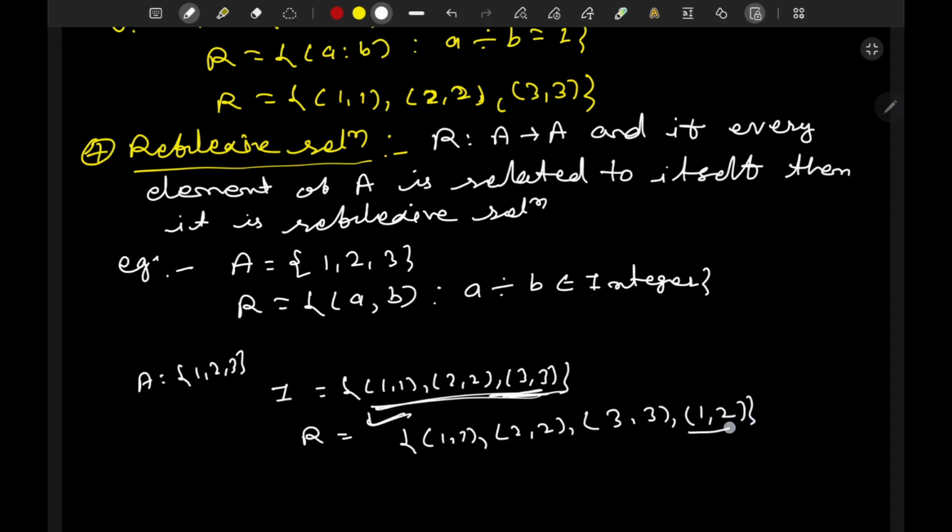Then it is reflexive but not identity, because in identity 1, 2 is not allowed. So this is a reflexive relation. Understood?